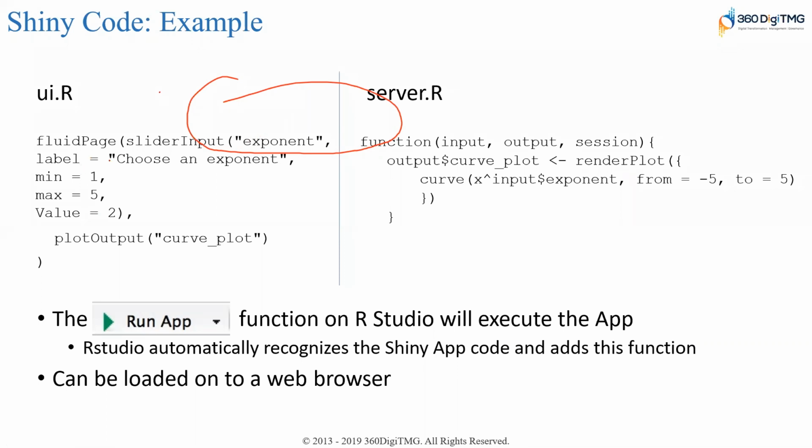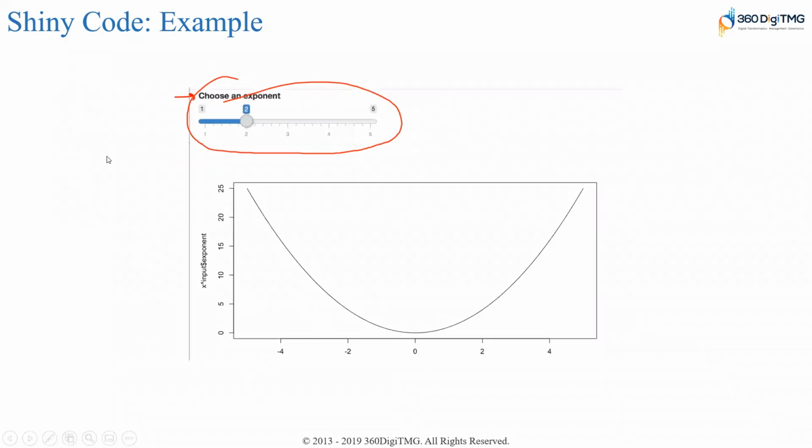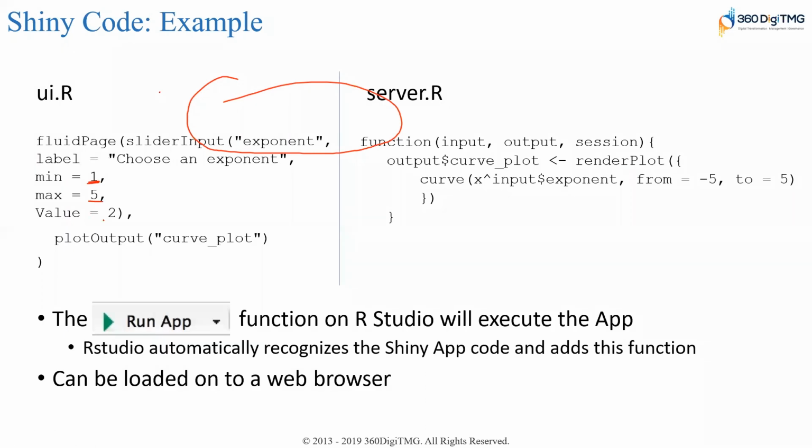So here I'm having a range of 1 to 5. I'm defining that the slider can take values from 1 till 5. But what is the value? This value is the default value, with a small v.